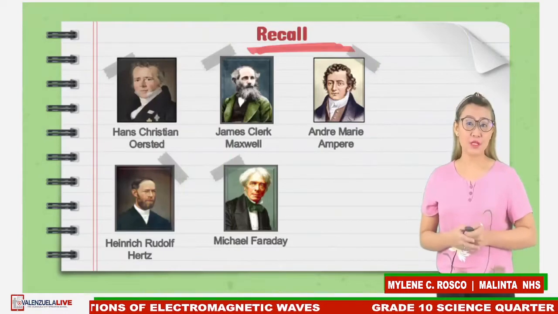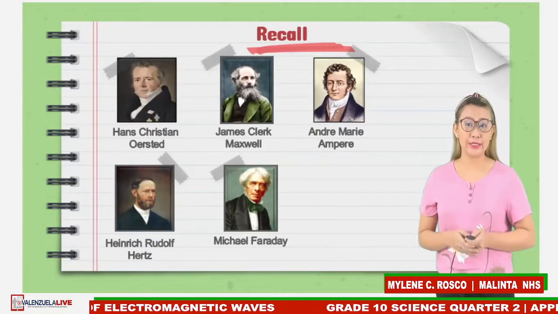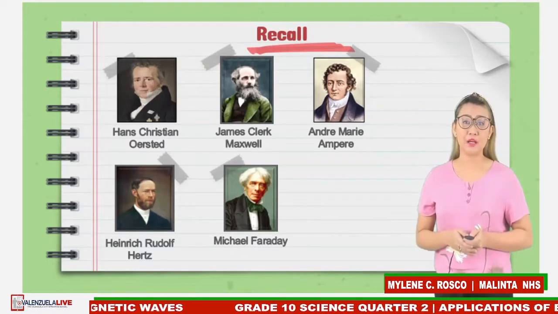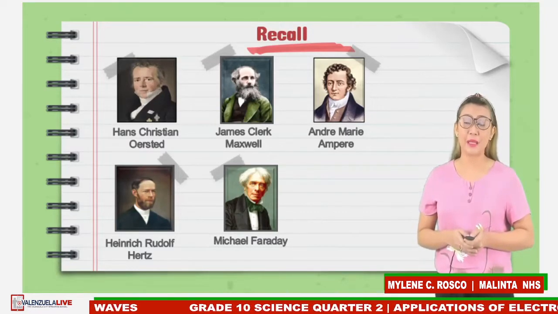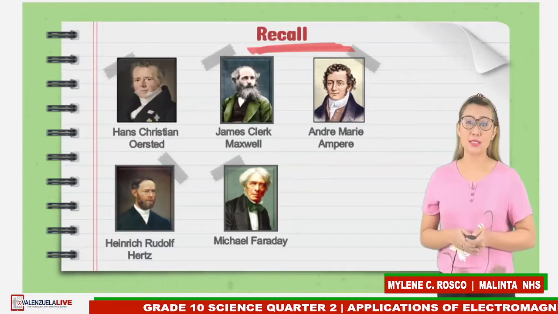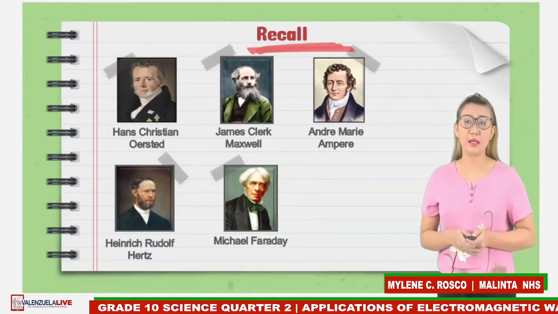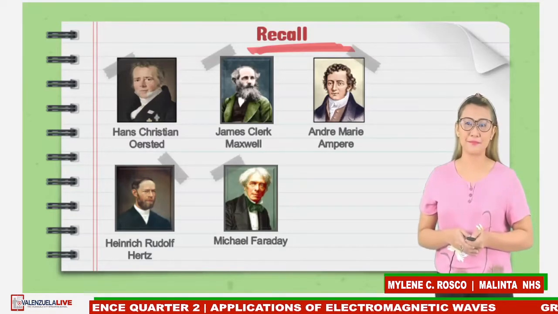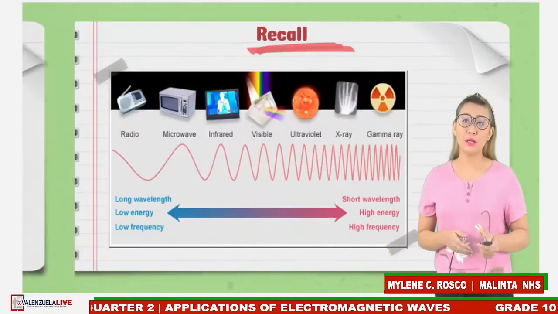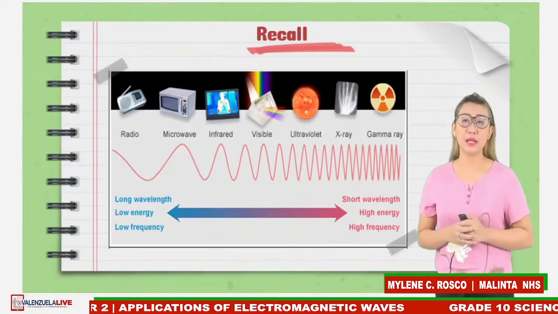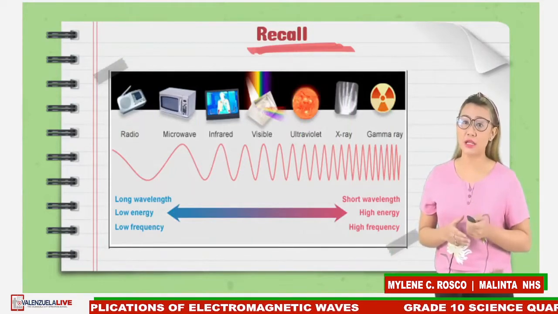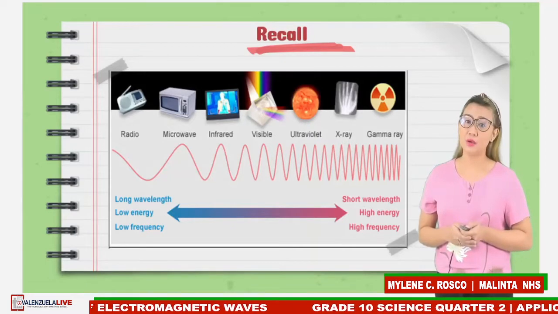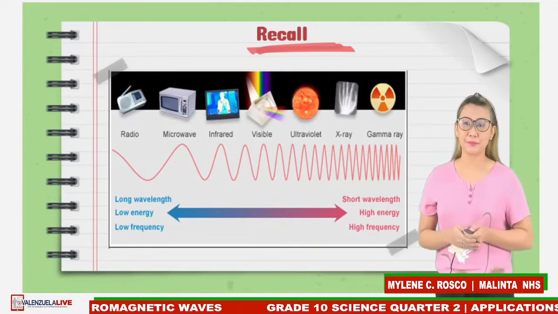On the previous discussion, you have learned the contributions of the different scientists to the development of electromagnetic waves. Their scientific contributions help us to understand the different characteristics of electromagnetic waves. We all know that there are 7 electromagnetic waves, and they are arranged in the EM spectrum based on their wavelengths, frequency, and energy.